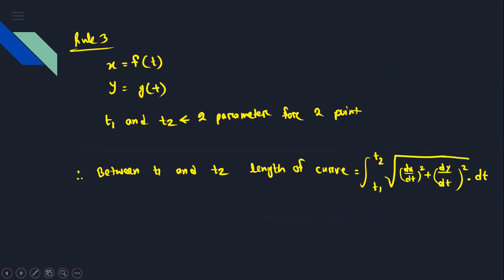In our third rule, we have studied that if we have a parametric equation x is equal to f of t and y is equal to g of t, then we can find the length of the curve with this equation, root over (dx/dt) whole square plus (dy/dt) whole square, and we have to integrate with respect to t.